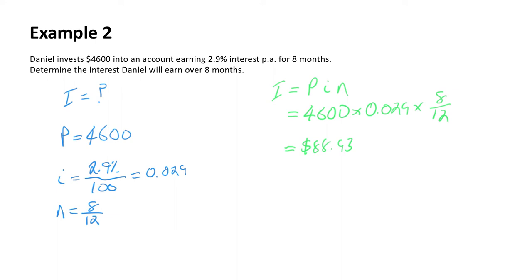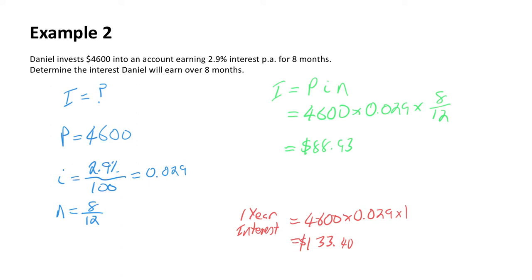Now, if I wanted to check to make sure that answer makes sense, because 8 months is less than a year, I would expect the interest to be less than what he would earn in a year. So I could do a quick calculation. 1 year of interest on Daniel's investment would be 4,600 times 0.029 times 1, which would equal $133.40.